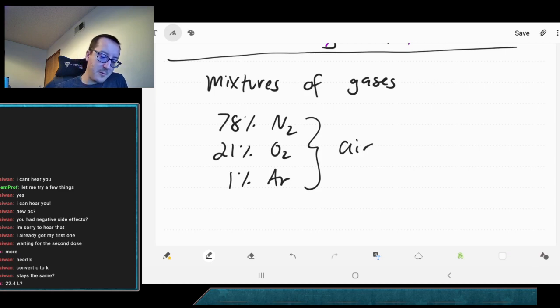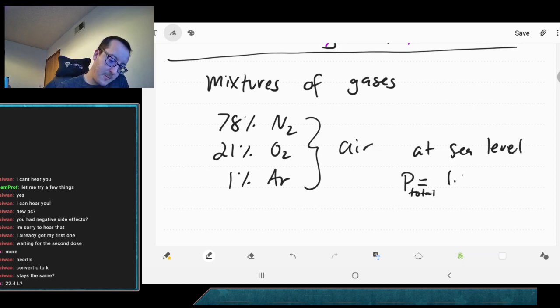So it turns out that we know at sea level the pressure is 1 atmosphere. That's how we've defined 1 atmosphere.